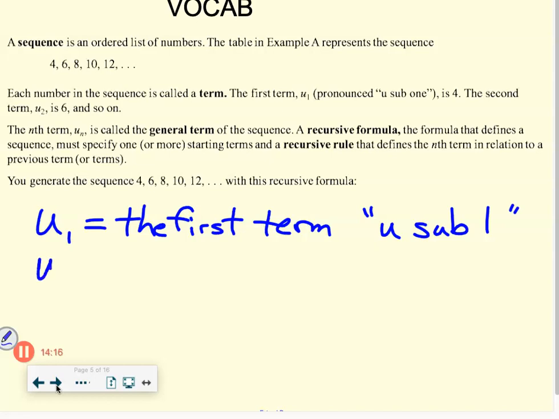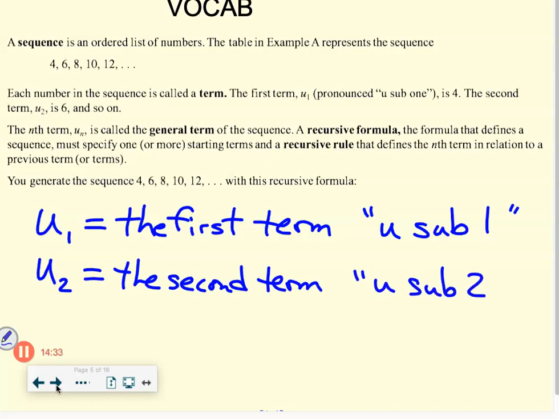If I wrote U sub 2, what do you think that would mean? The second term. And I would speak it U sub 2. And I could keep going, U sub 3, U sub 4, for all the terms in the sequence.